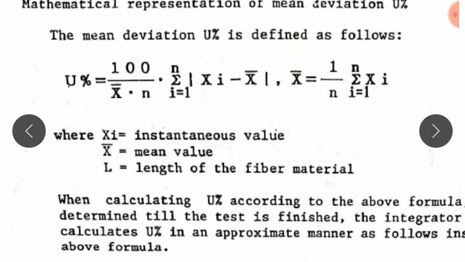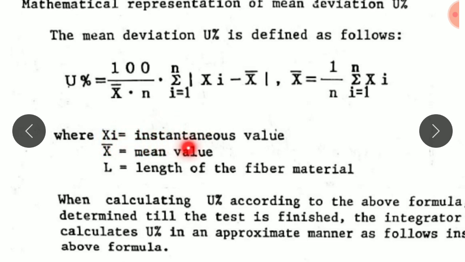Xi represents the instantaneous value, meaning whatever mass per unit length you have collected, whatever variation values you have obtained, that represents xi. If you have taken 10 readings, xi will have 10 values. If you have taken 100 readings, there will be 100 values of xi.